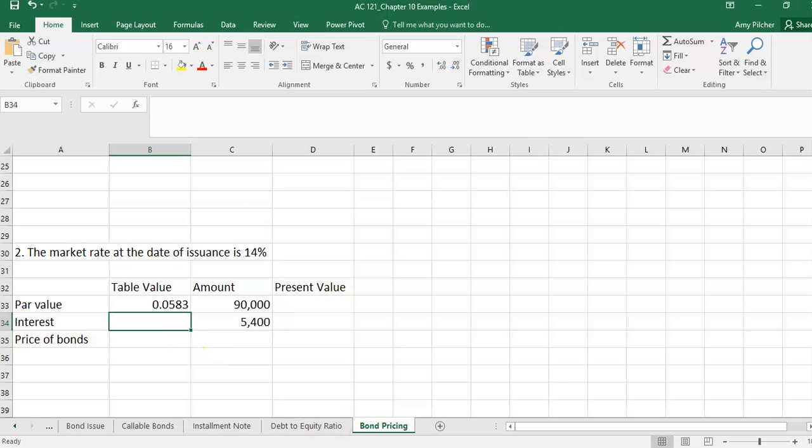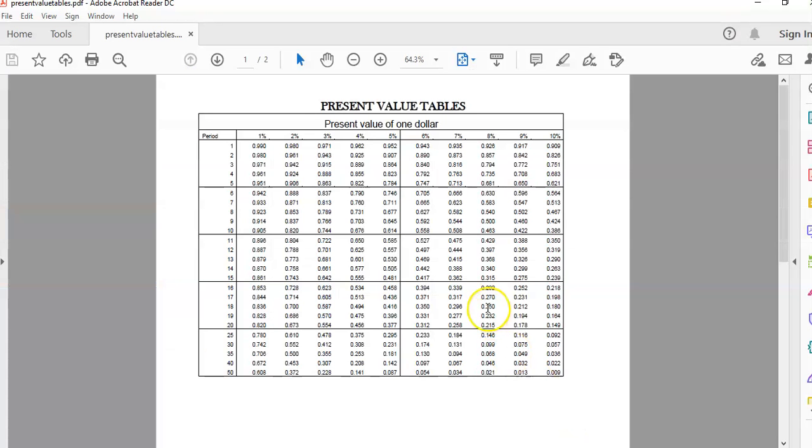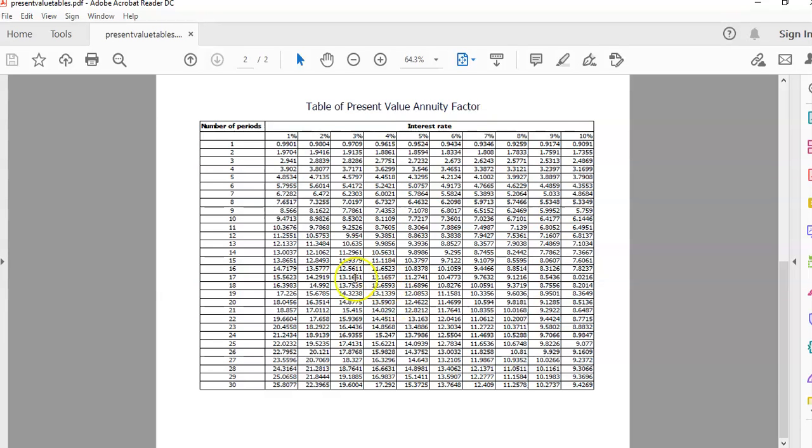For interest, again, we're going to go to that annuity table. There are 10 payments because it's 5 years of semi-annual payments. And then we're going to take half of that 14% interest because we're paying semi-annually. So 10 payments at 7% interest, we have a factor of 7.0236.